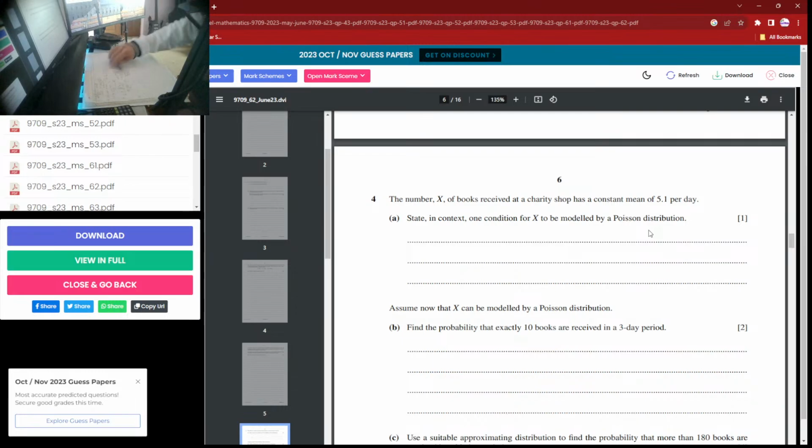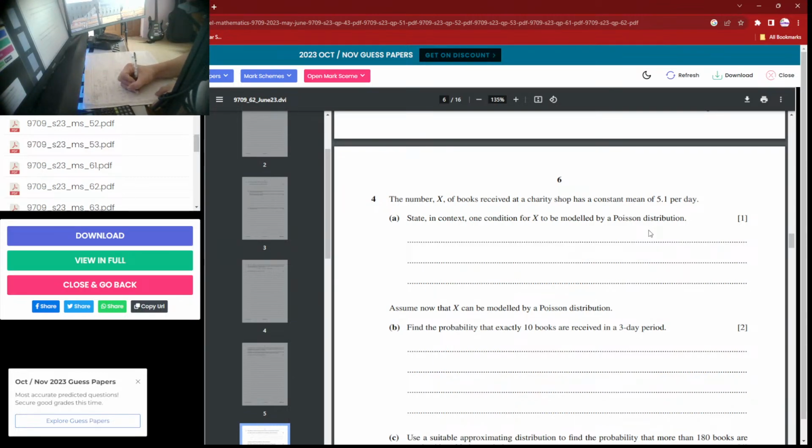Okay, for A, state in context one condition for X to be modeled by a Poisson distribution. So, number of books received at a charity shop.